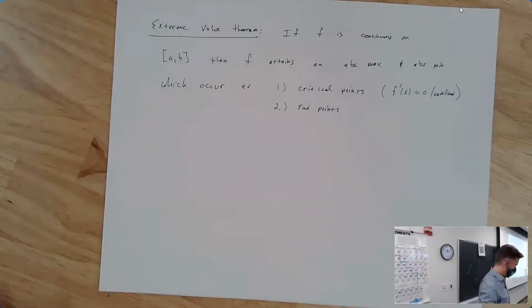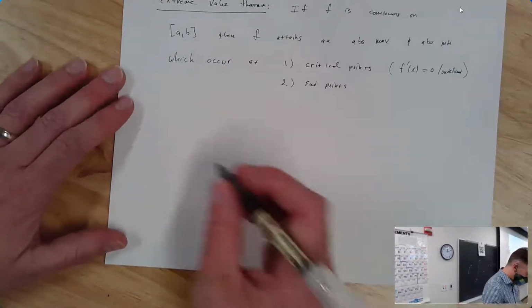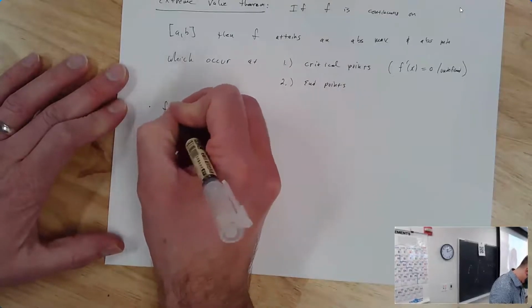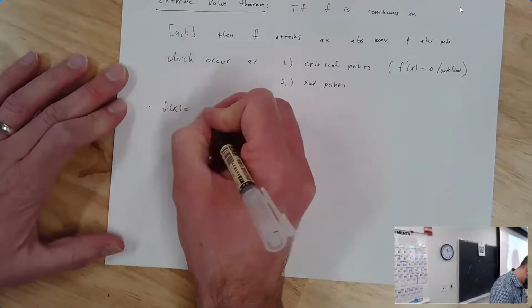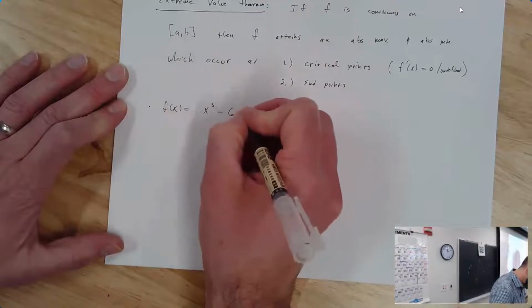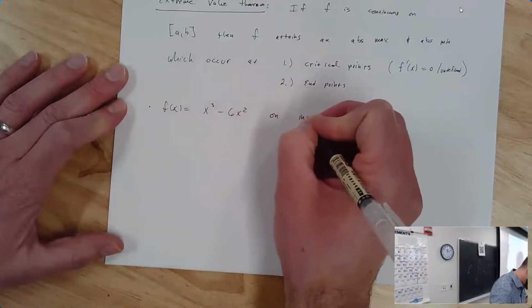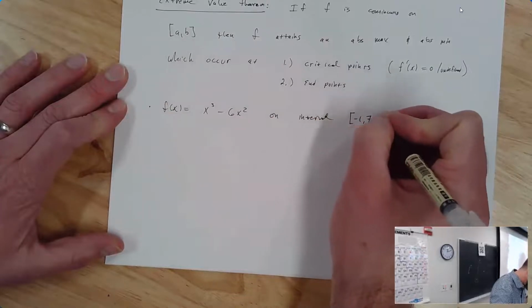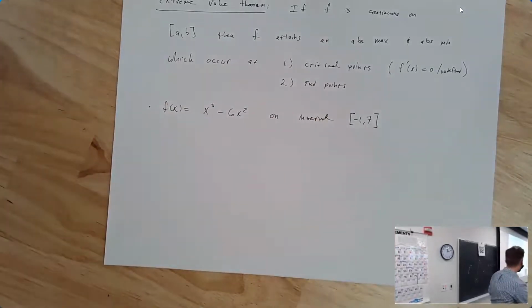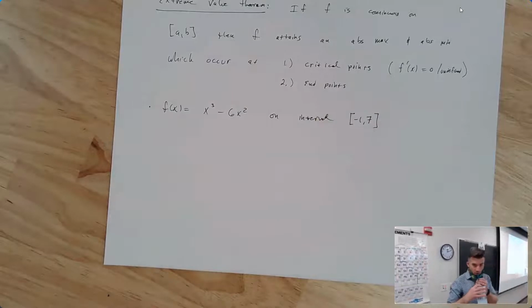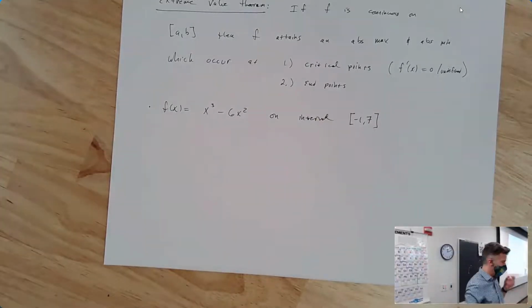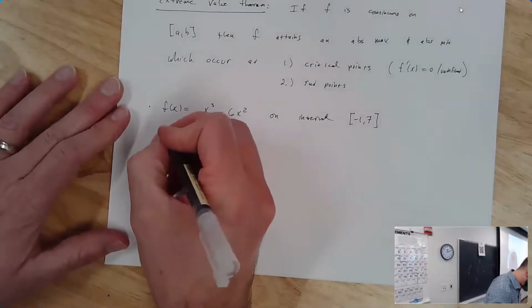Let's look at some examples. So let's look at this function here. Let's look at f of x equal to x cubed minus 6x squared on the interval from -1 to 7. Graphically, in fact, we can actually do a better job here.